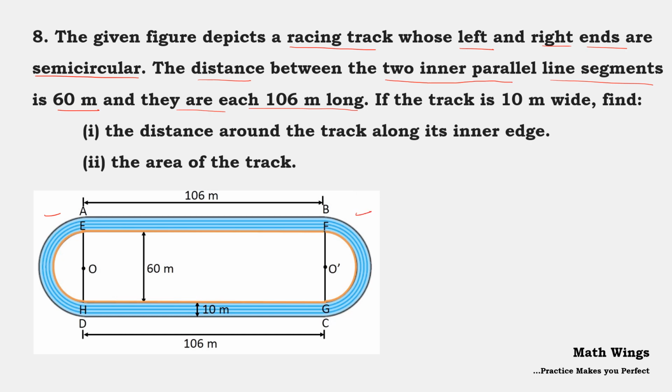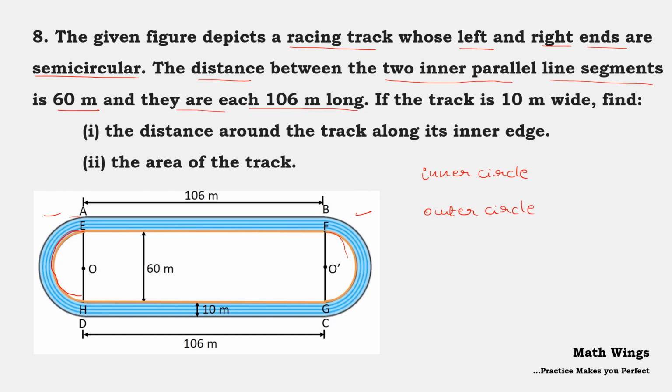It means what? Here is the semicircle, as well as here is the semicircle. We have an inner circle as well as an outer circle, that is, a semicircle on the left hand side as well as a semicircle on the right hand side. That means we have an outer circle, right?